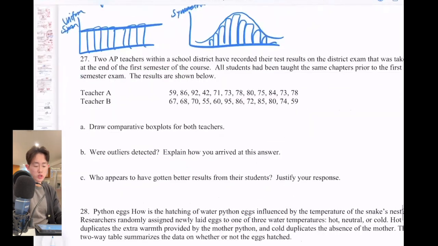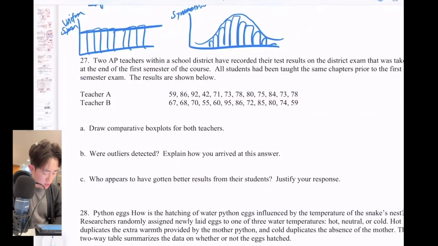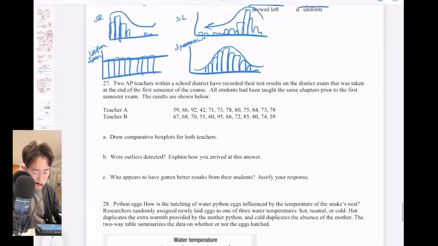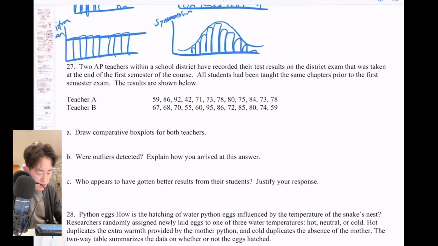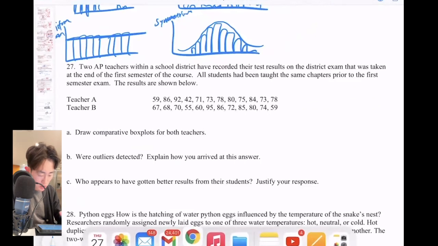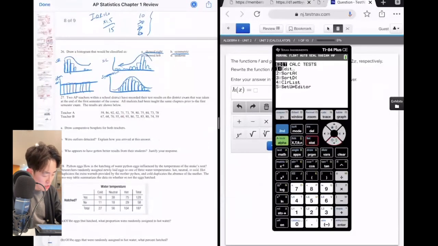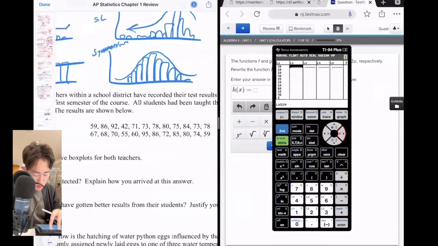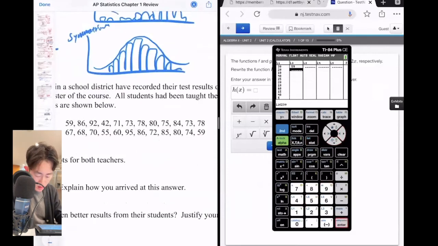Okay, so now the 2 AP teachers within a school district, blah, blah, blah. Teacher A, teacher B. Draw comparative box plots. Oh, box plots, okay. Which means I have no choice but to put these into our list. I'm going to use my new list here. So I'm going to type in 59, 86, 92, 42, 71, 73, 78, 80, 75, 84, 73, and 78.